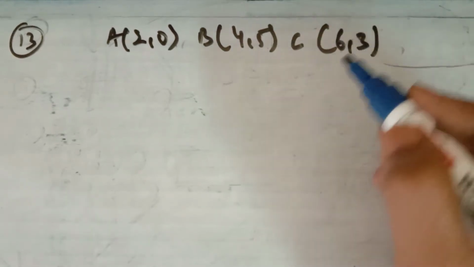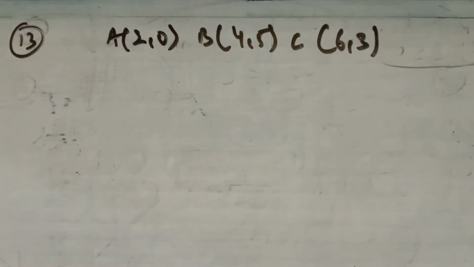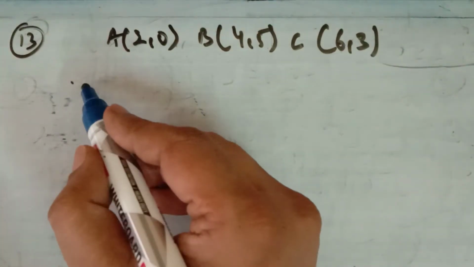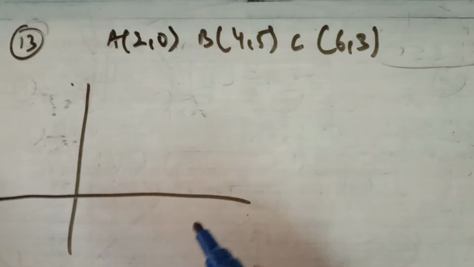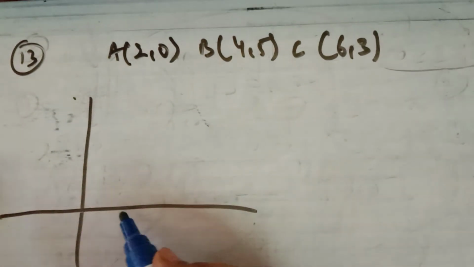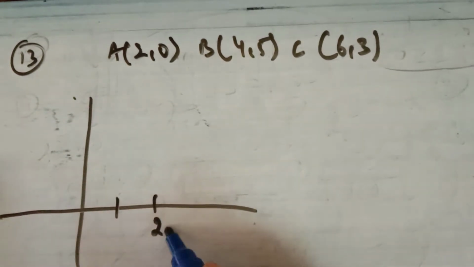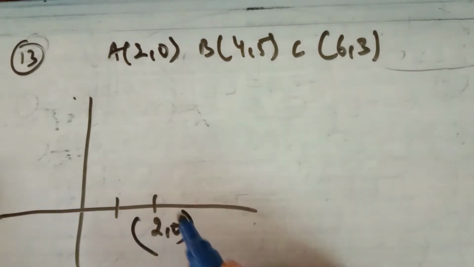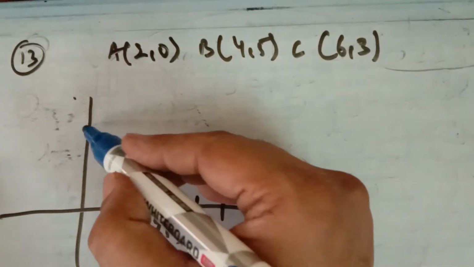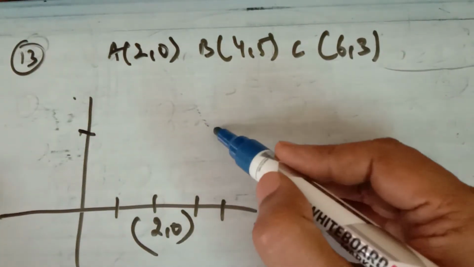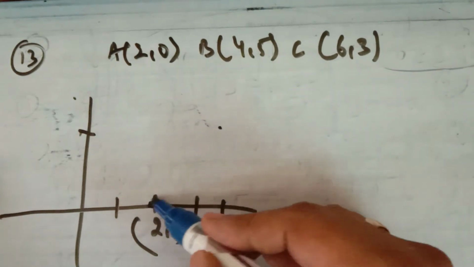You mark them on the graph paper or on a simple paper. The point 2, 0 is this point. 4, 5 will be somewhat here. This is the point 2, 0.